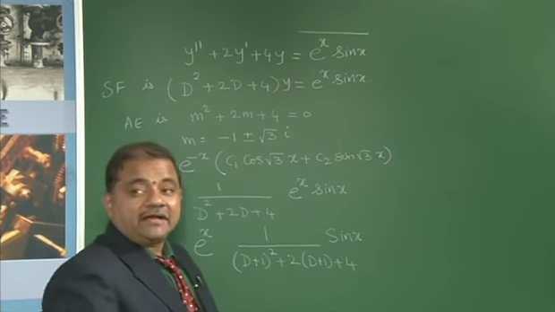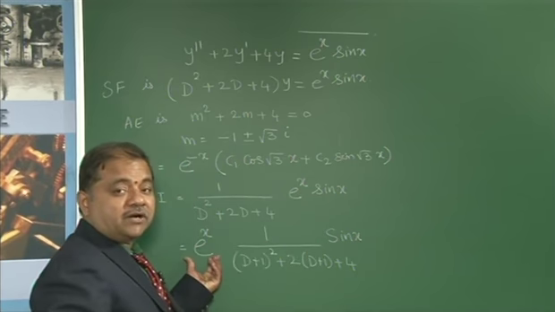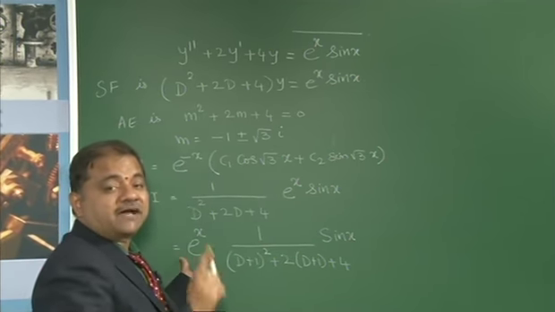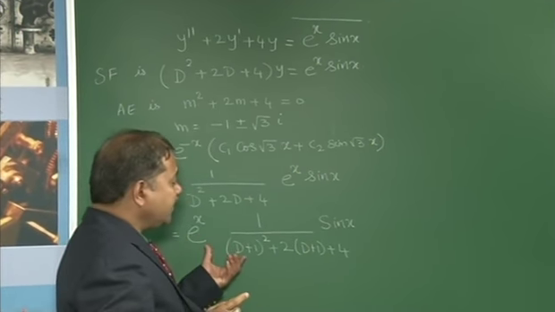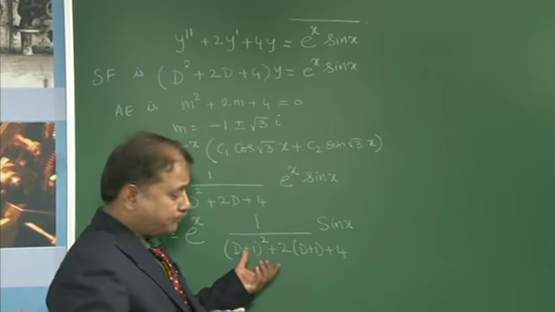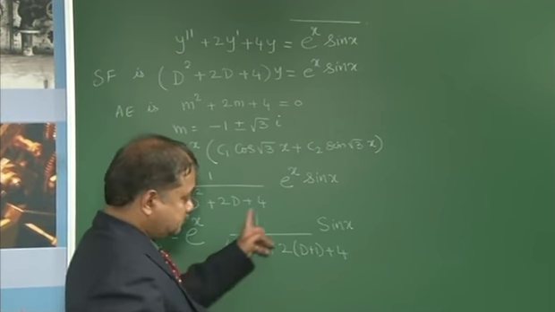Now the e power x is over, I have taken. That is what I told. If you do the first step of the problem, then it will become type 2. You see this alone, it is a type 2 problem.